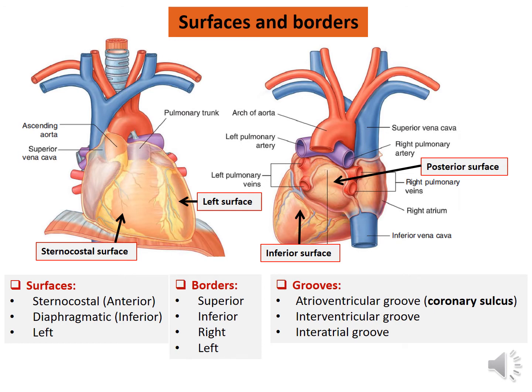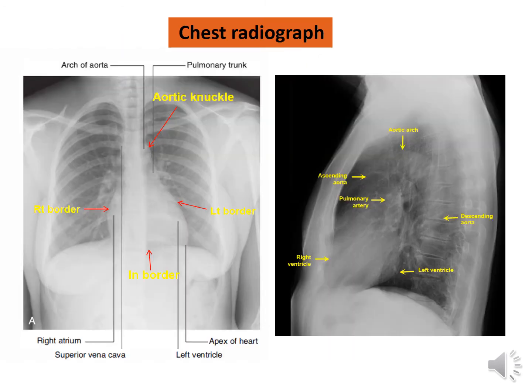That is why we brought here the pictures of external features. So this is a chest radiograph, where you can see the various external parts of the heart. This is self-explanatory. You need to identify each of them, so it is important for the practical.